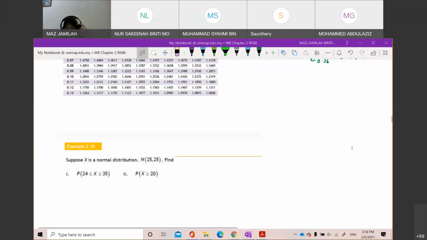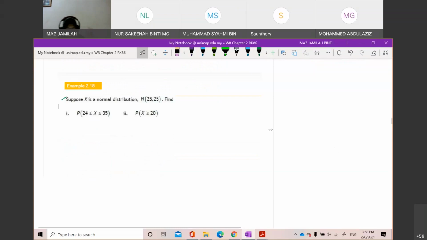Of course in your assessment, your questions will not be like this. It would be a real problem given to you, so you need to identify how the distribution looks like and what the definition of the random variable X given in your question is. Everything will be done on your own.